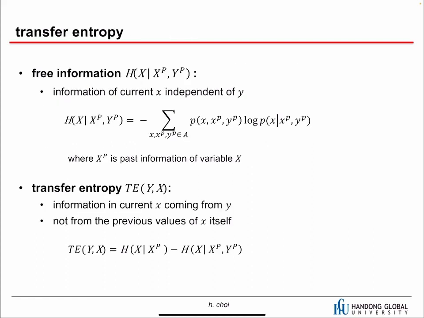And first of all, we can understand this with conditional entropy. Entropy of X given XP and YP. XP and YP indicate the past information of variables X and Y respectively, which means this one measures the information of current X given the past of Y. Current X means we know the past information of X, and we know the past information of Y. So we know the history of X and Y, and when we measure new X, then how much information we can get.